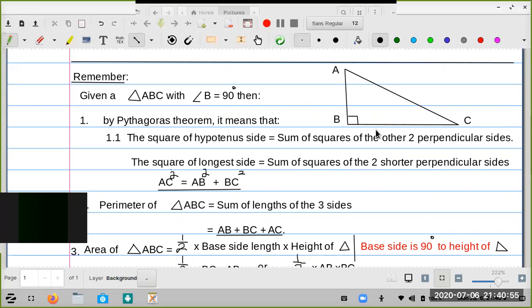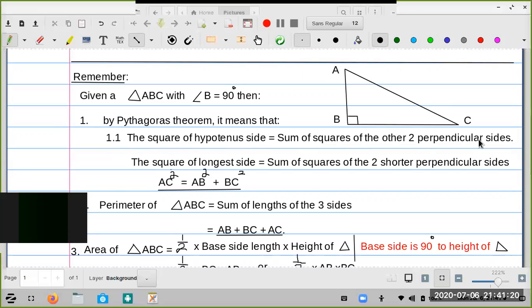Now, given a triangle ABC with angle B equals 90 degrees, then by Pythagoras theorem, it means that the square of the hypotenuse side is equal to the sum of squares of the other two perpendicular sides, right?